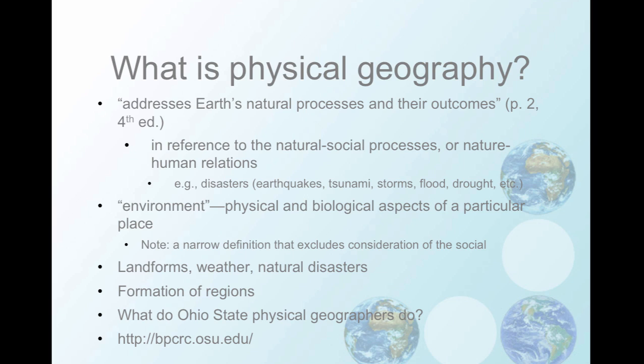Alright, so what is physical geography? Basically, it is a discipline that addresses Earth's natural processes and their outcomes. There's a couple of different ways of looking at this. There's the side that emphasizes the physical, and there's the side that emphasizes the physical and human relations.